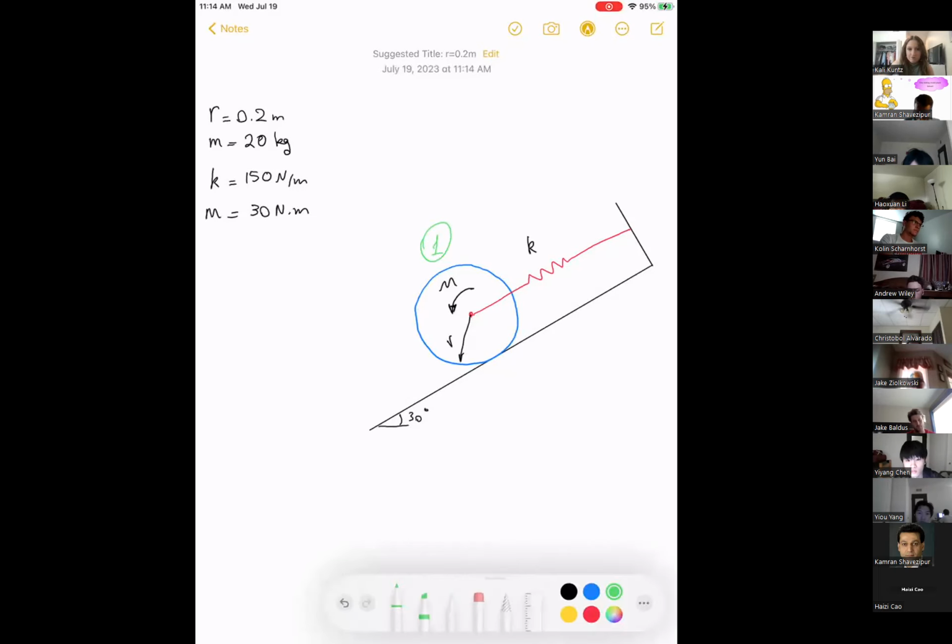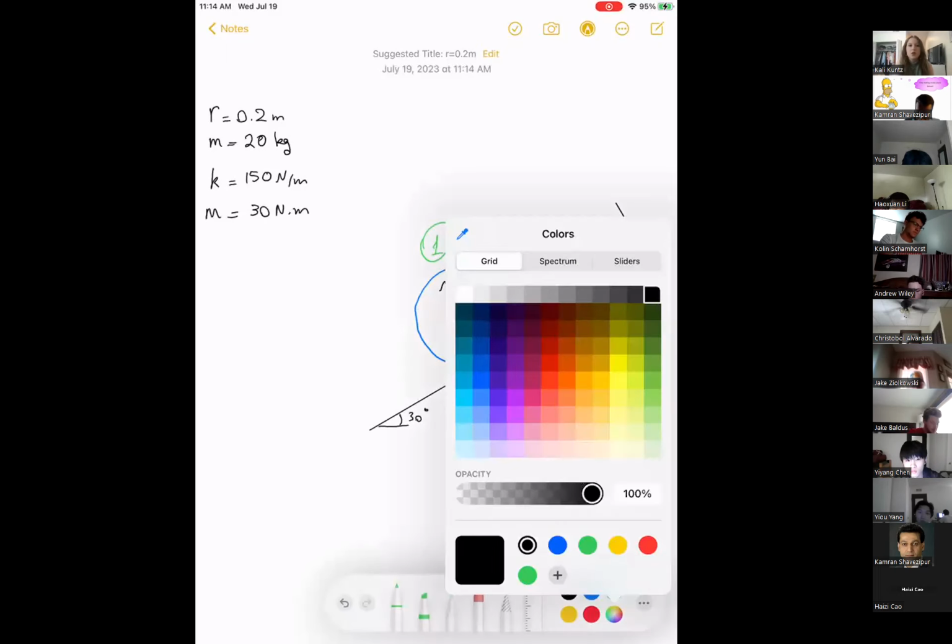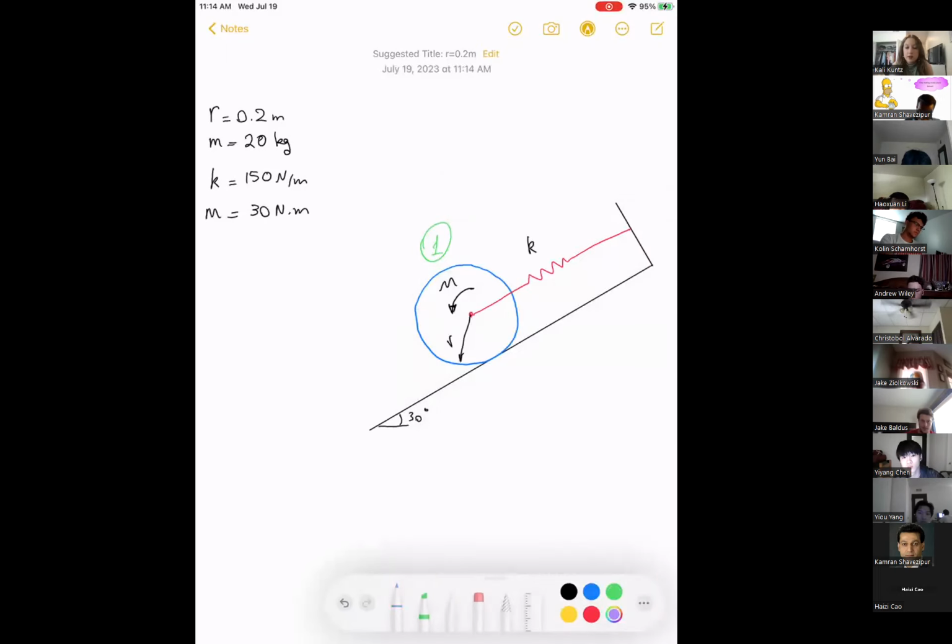The disk is going to move somewhere like here. Let me just extend this line.